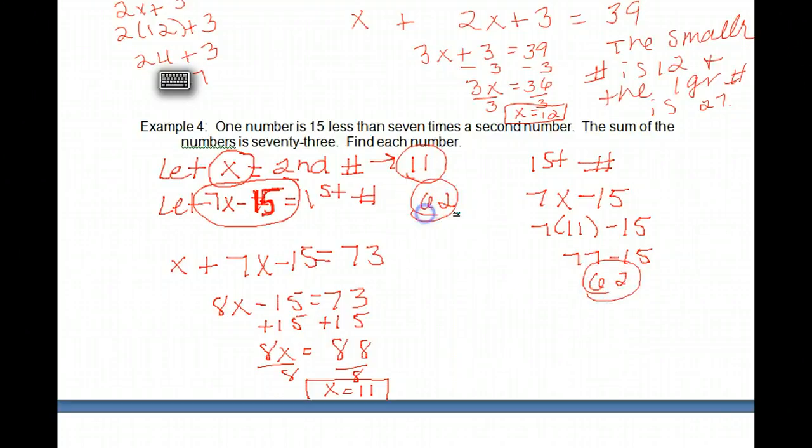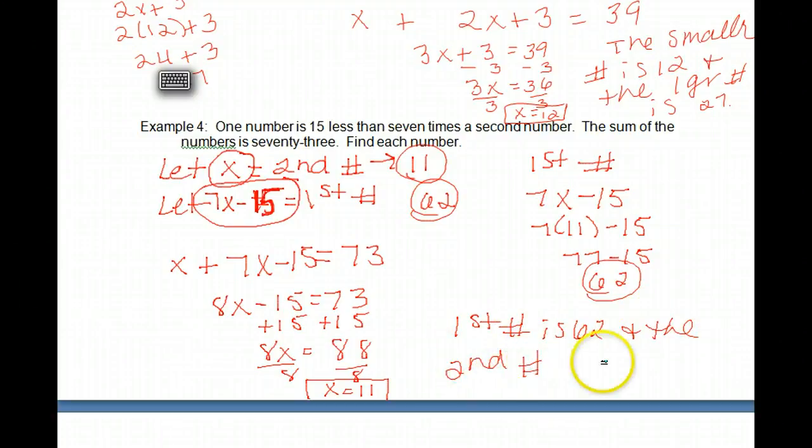So now that we know both of the numbers, we can write a sentence that says the first number is 62 and the second number is 11.